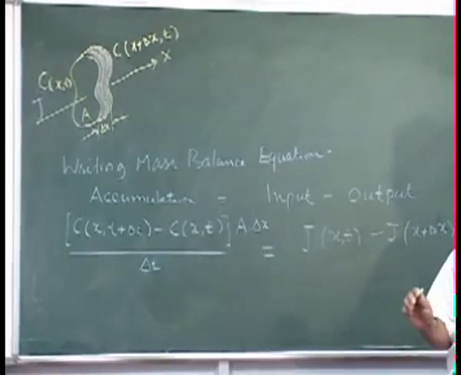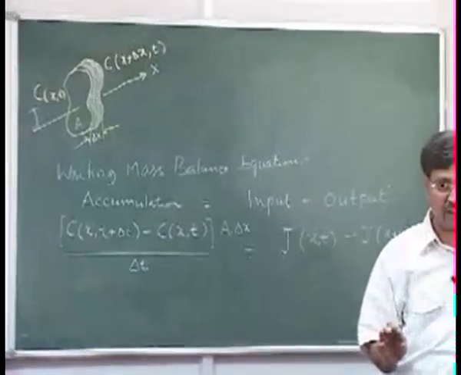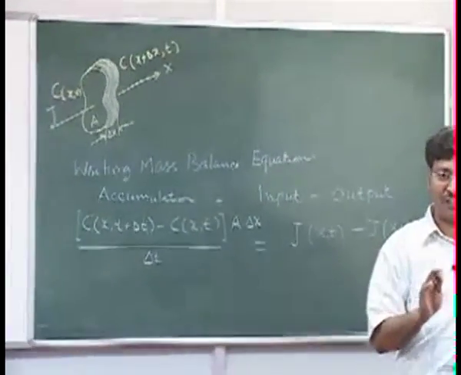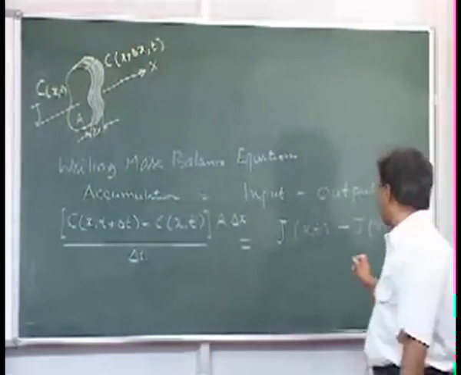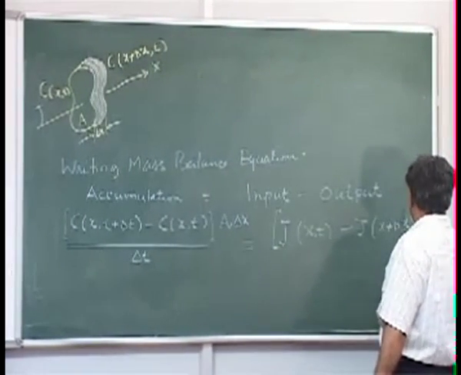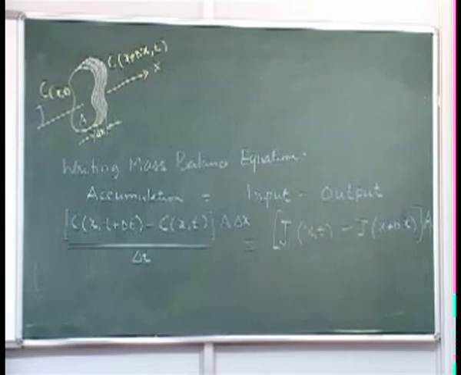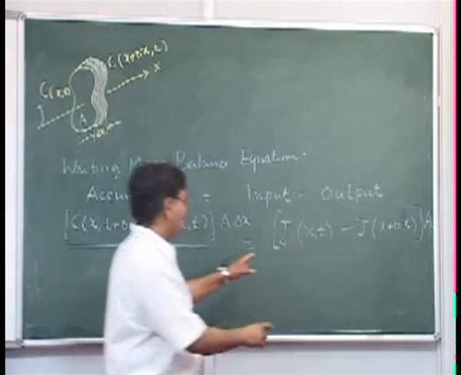Flux is mass per time per area, and what I want is mass per time. So I multiply by area here. See here if you agree with this. Is it all right? Well, we'll do it once again.